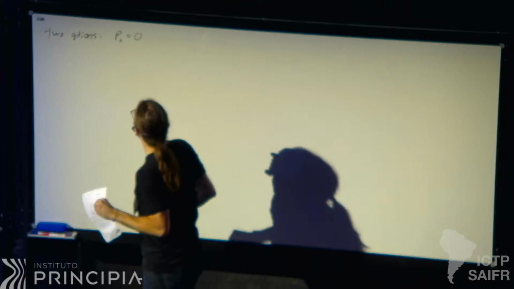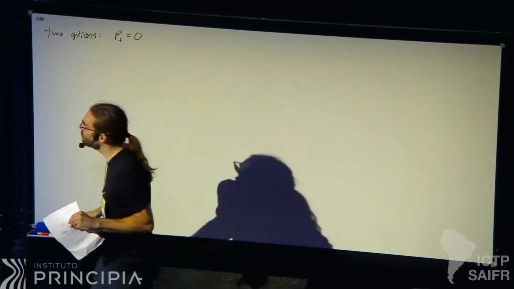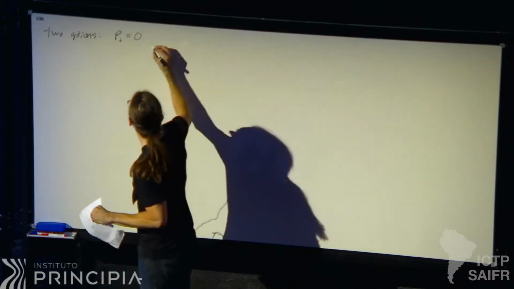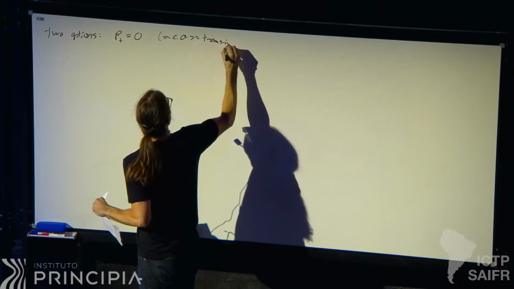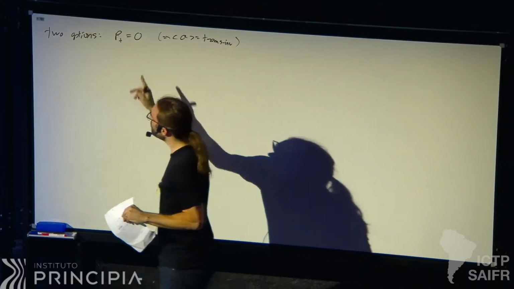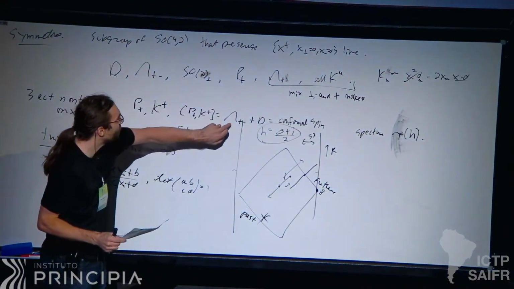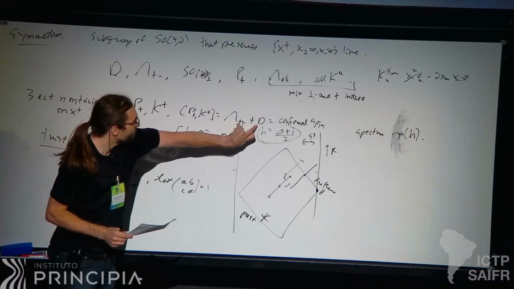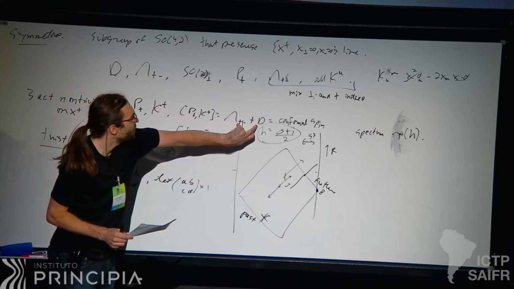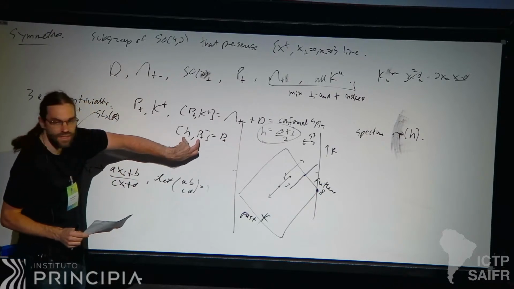If you have a state with p plus equals 0, that's a translation invariant state, so that will make O translation invariant. In addition, in general we cannot diagonalize P and H, this conformal generator and this dilation, simultaneously, because they don't commute.